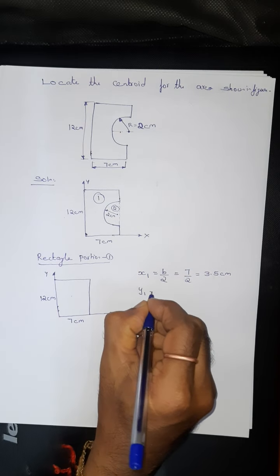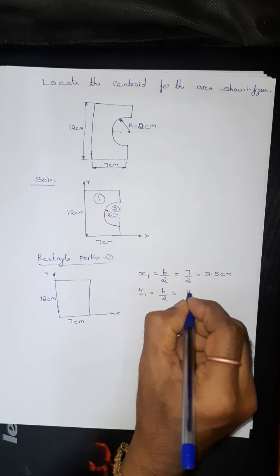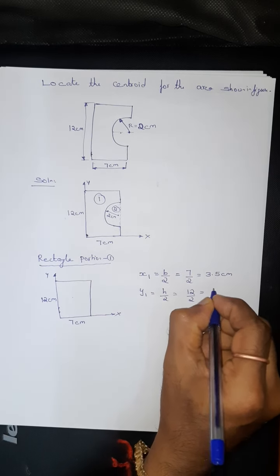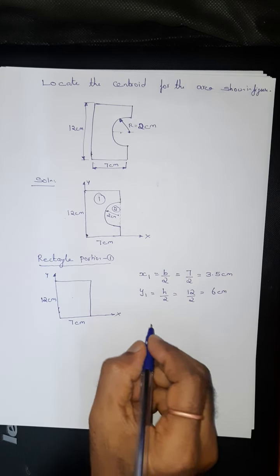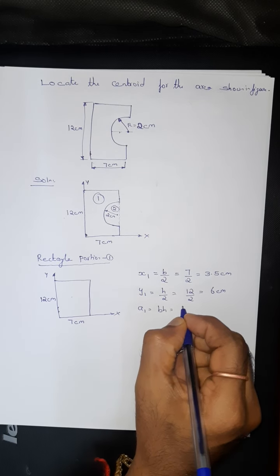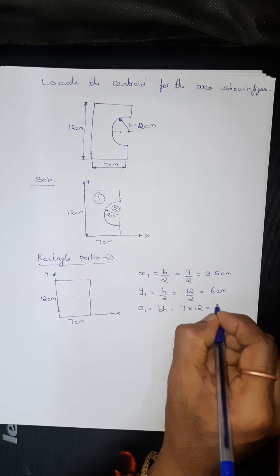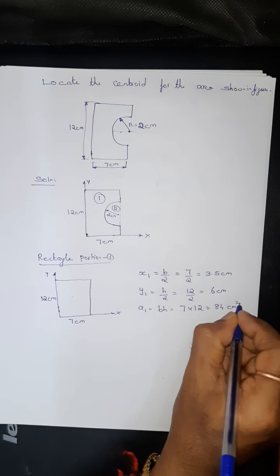And y1 is equal to h by 2, which is 12 by 2, that is 6 centimeter. And what about the area? Area is breadth into height, isn't it? The breadth is 7 into 12. So 7 12s are 84 centimeter square.